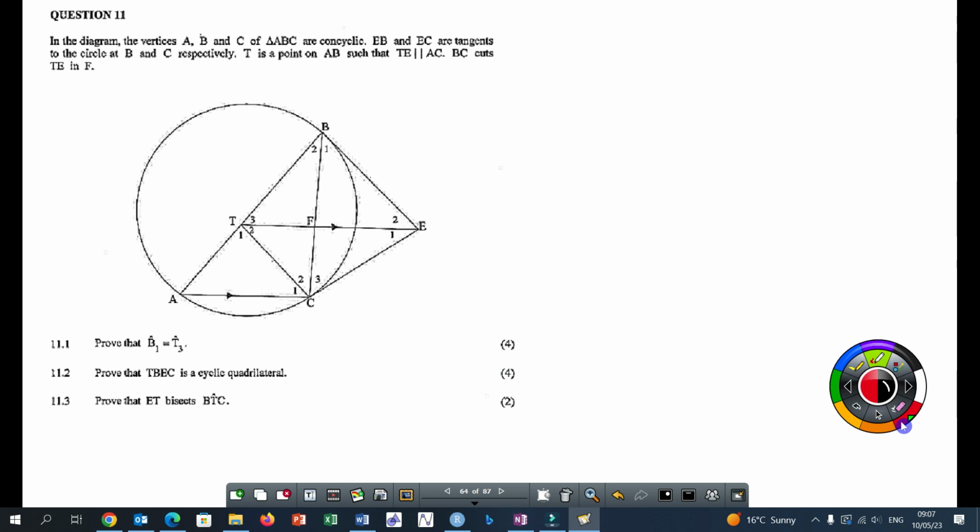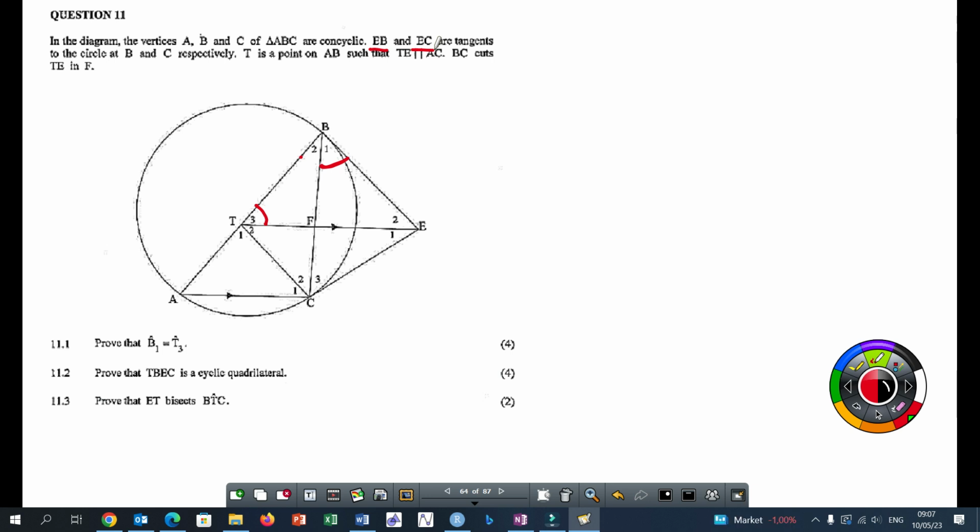Okay? So B1, it's here. That's B1. Right? T3 is this angle. Alright? Now, always, when you are given tangents, you see in this question we have two tangents, EB and EC.